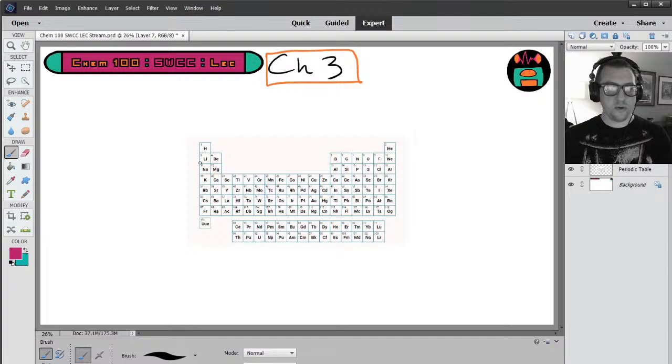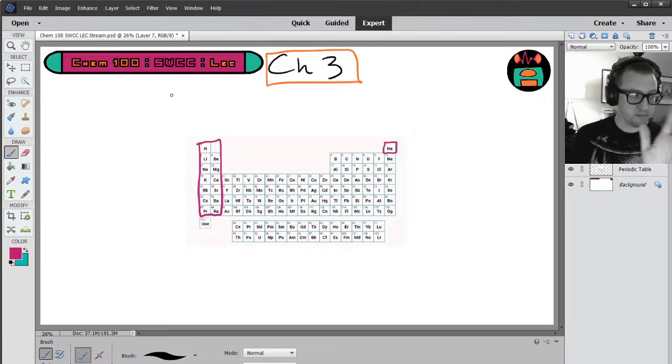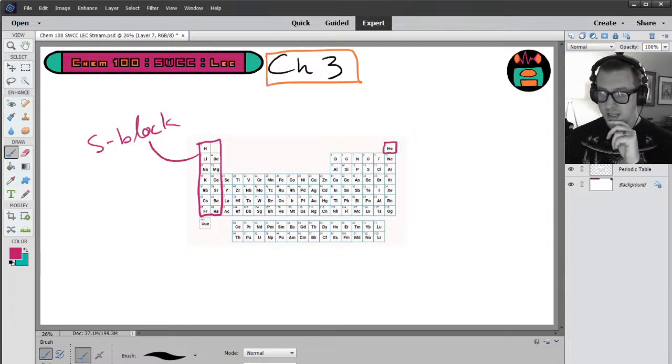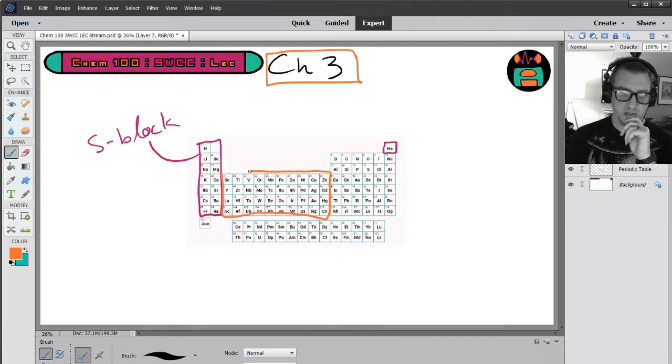All right. Now, the first two columns, and really helium is a part of this. You'll see why later. This is the S block. All right. The transition metals down here, this is known as the D block.